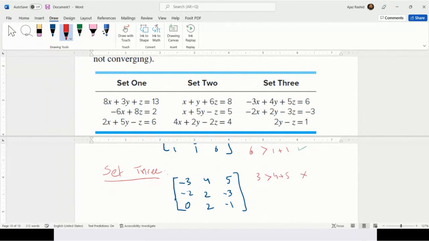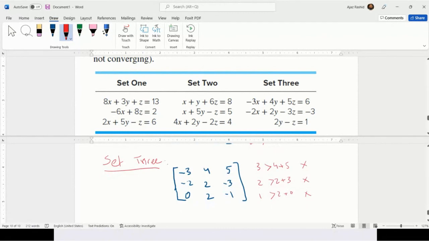No way. 2 greater than 2 plus 3? No. 1 greater than 2 plus 0? No. So it's not diagonally dominant in any of the rows.